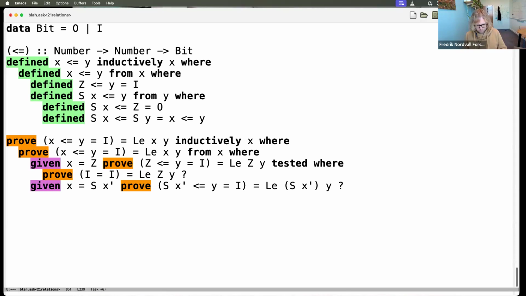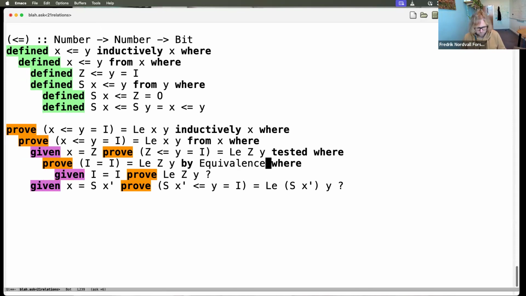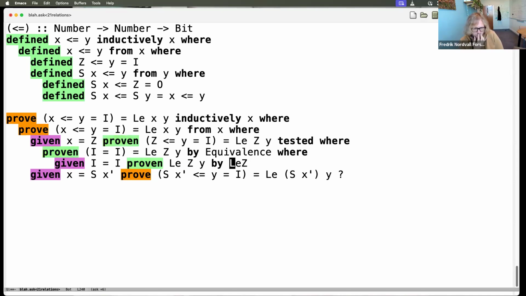So I think we've got some chance. Okay, it's just an equation that's already true. But it's saying, given a not very exciting fact, show a not very exciting fact, I can do that by the 0 rule. Okay, one base case out of the way.